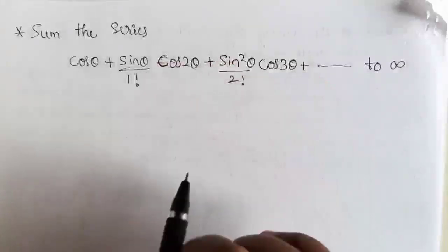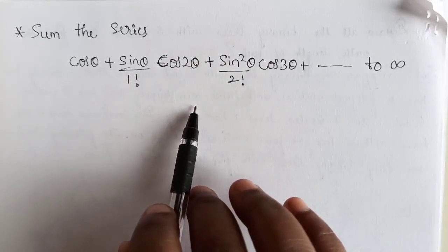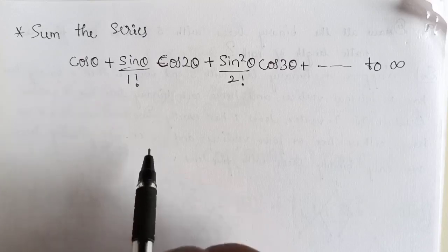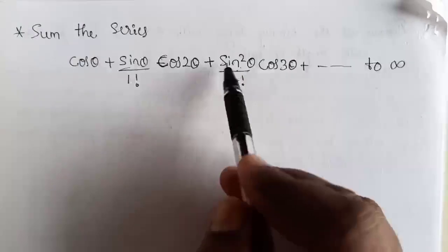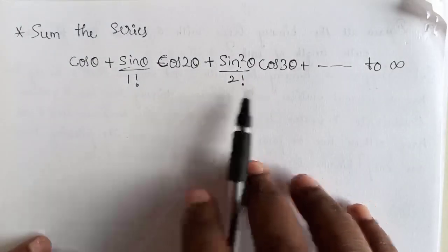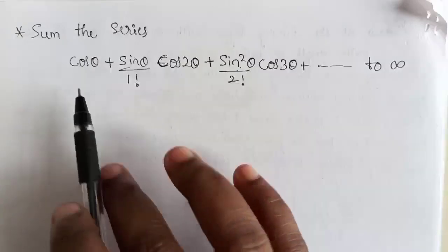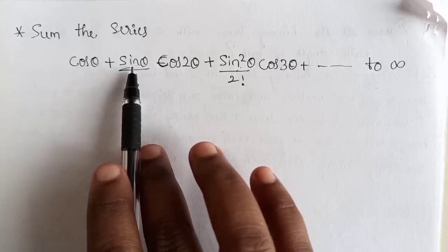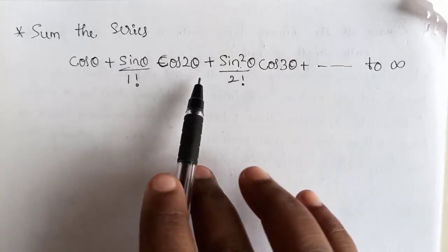You can observe that here both sin and cos terms are there, but for our convenience to get the answer we will keep the sin terms as they are. Sin theta, sin square theta as they are, only we change the cos terms to represent them in terms of sin. We change this cos function as a sin function, then we keep this sin as it is, again we change the cos 2 theta as sin 2 theta.